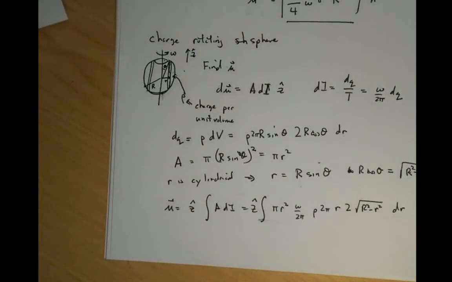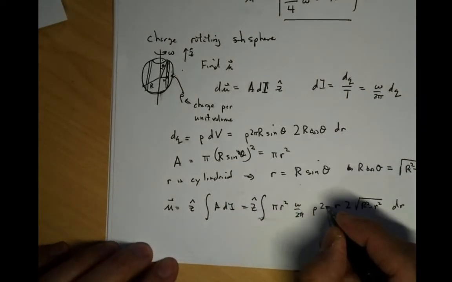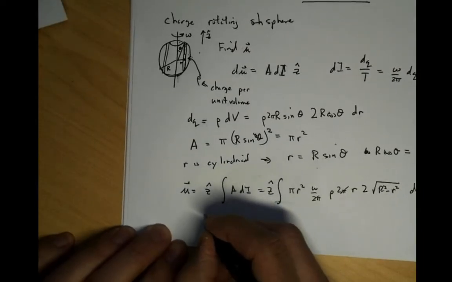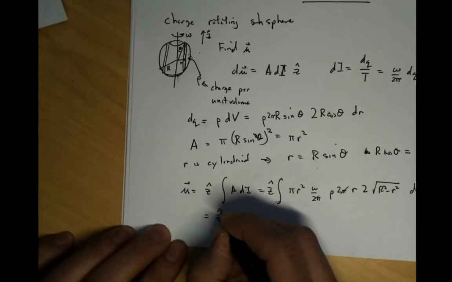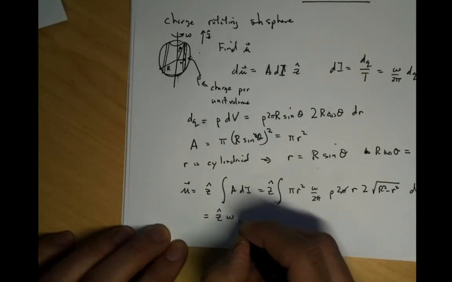But let's just try to simplify this just a little bit here. Okay, and I'm going to write it in a very special way in order to make this thing actually doable. All right, so let's see, the 2 pi's kill each other. So this is going to be equal to z hat. All right, there's a omega, a rho there.